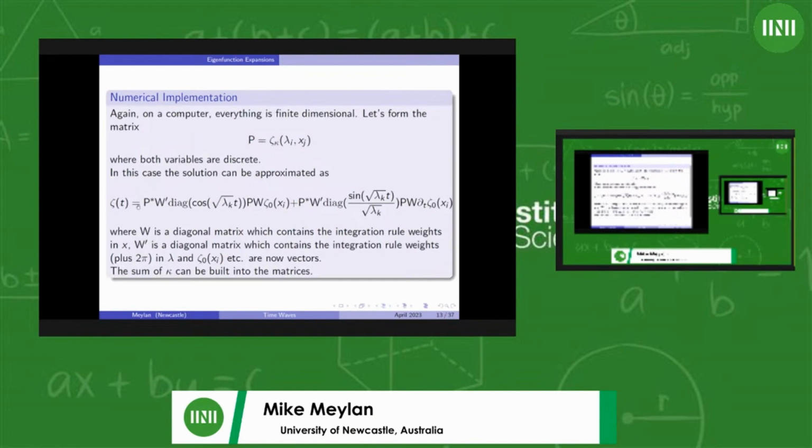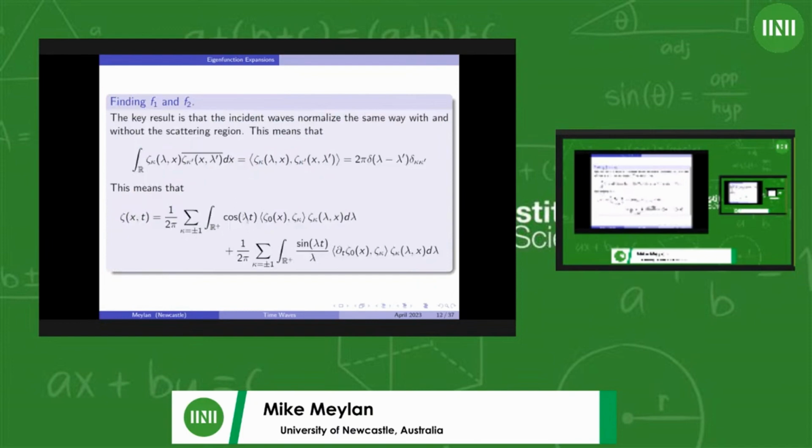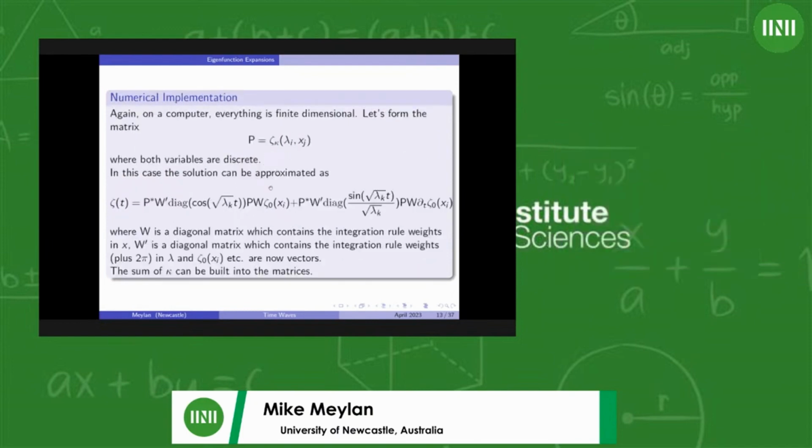So with our discrete lambdas and our discrete x's, we can form another matrix P. And then the solution can be written as the following expression here. It's slightly more complicated than what we had before. We've got P, and we've got to put in another weight, because when we do the integration back here, we're going to have to integrate over lambda. So we're going to have a weight for the lambda.